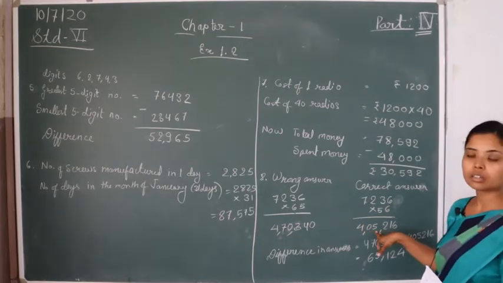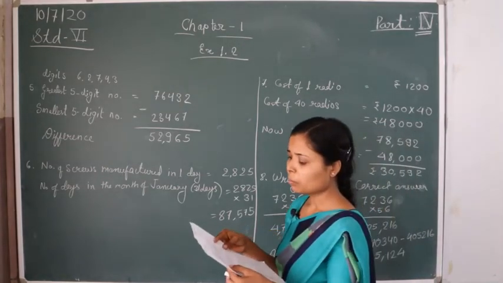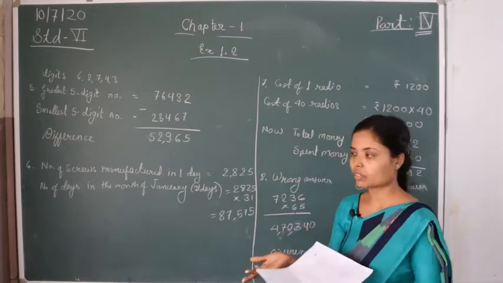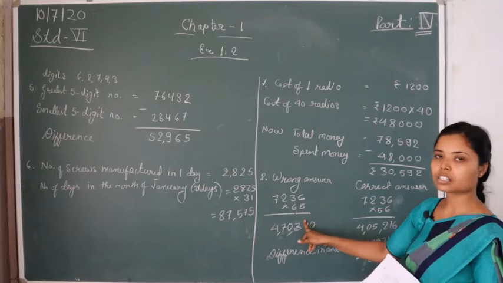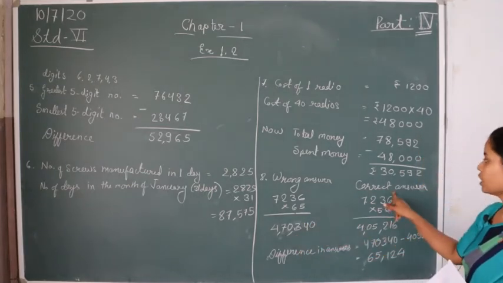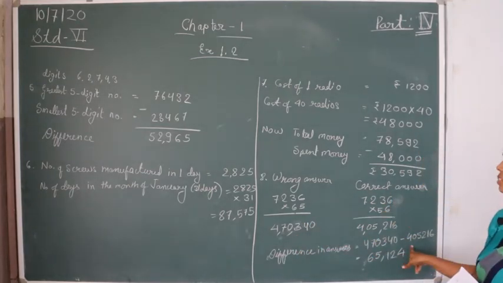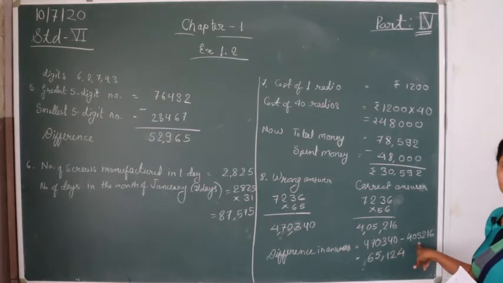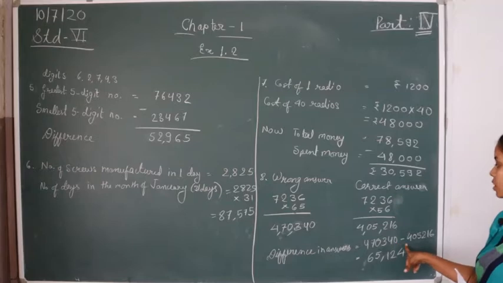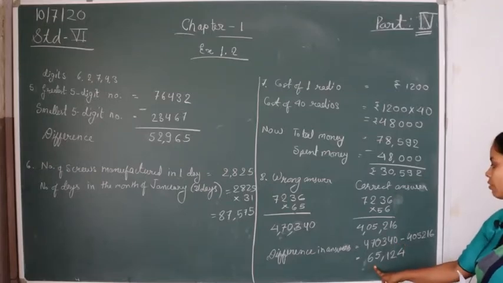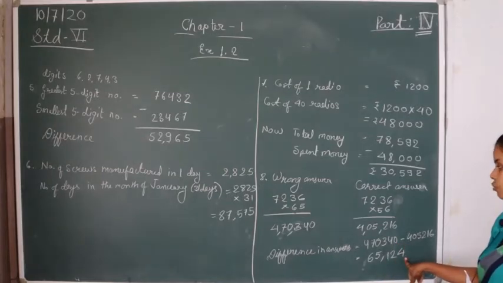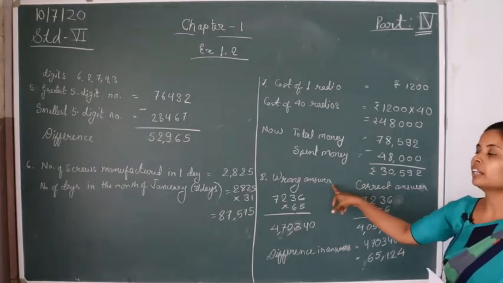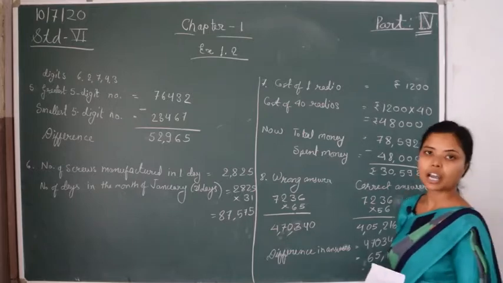Then, by how much was his answer greater than the correct answer? This is the wrong answer. How much is it greater than the correct answer? When we subtract both answers, we get 65,124. It is greater than the correct answer.